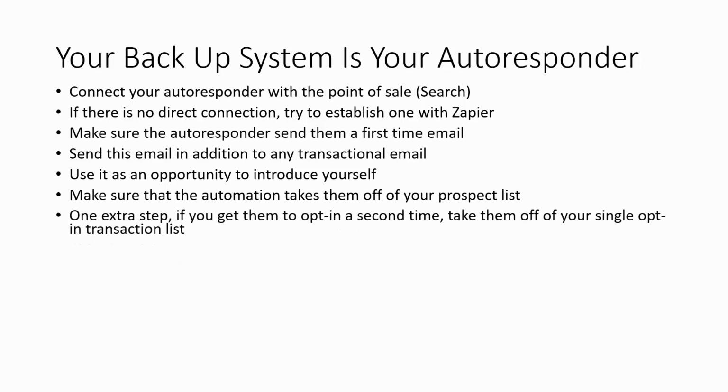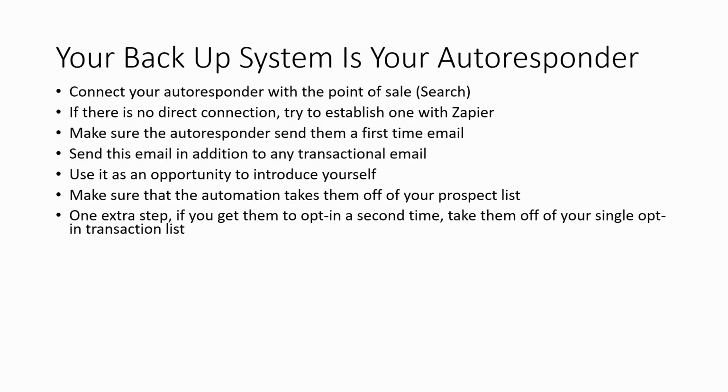Also, here's an extra step that I think you want to take. If you can get them to opt in a second time, you want to make sure that second opt-in is also an automation sequence that takes them off the single opt-in transaction list. I want to say that again because it's an extra step, and I think that if you can do it, you should do it.